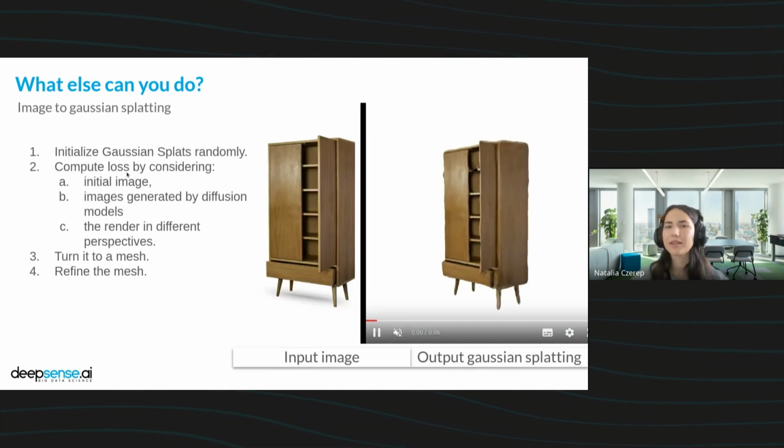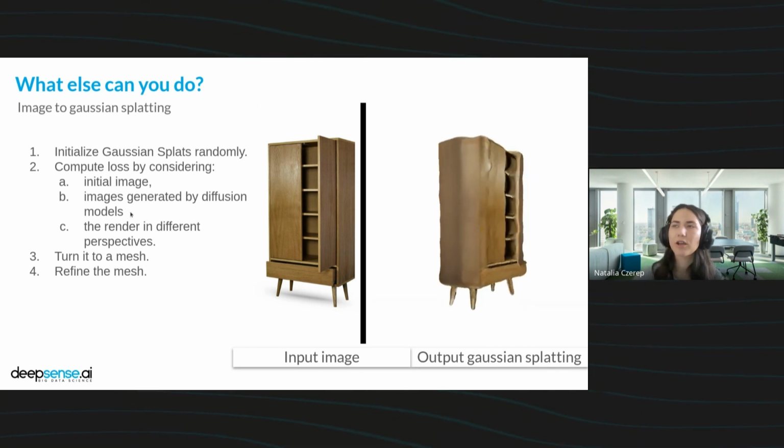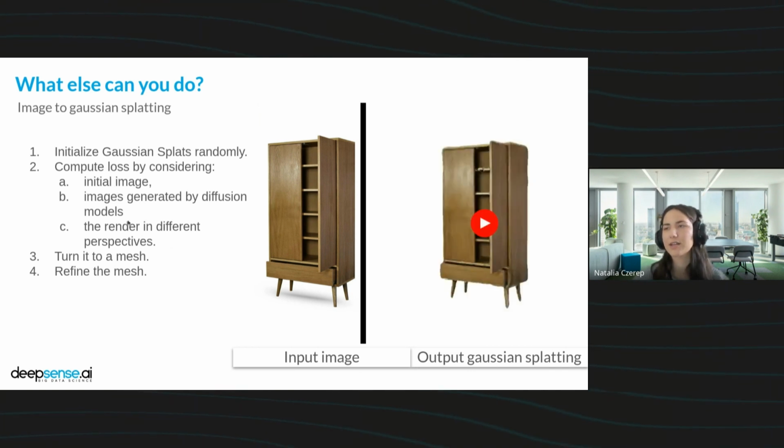And besides changing the appearance of our kitchen, we also tried other techniques such as Gaussian splatting generation from an image, from a text prompt, or from a mesh. There came in handy our experience with diffusion models once again.